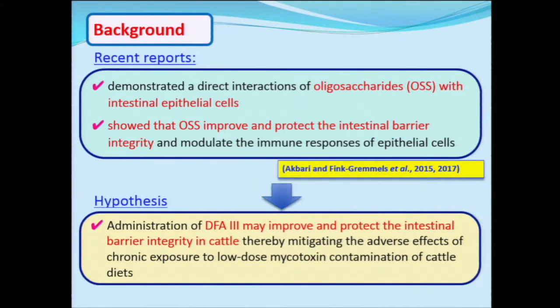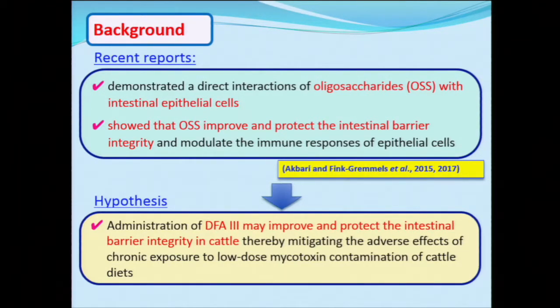Recently, it was reported that oligosaccharides interact directly with intestinal epithelial cells, improve and protect the intestinal barrier integrity, and modulate the immune responses of epithelial cells, using experimental animals as well as pigs and poultry.